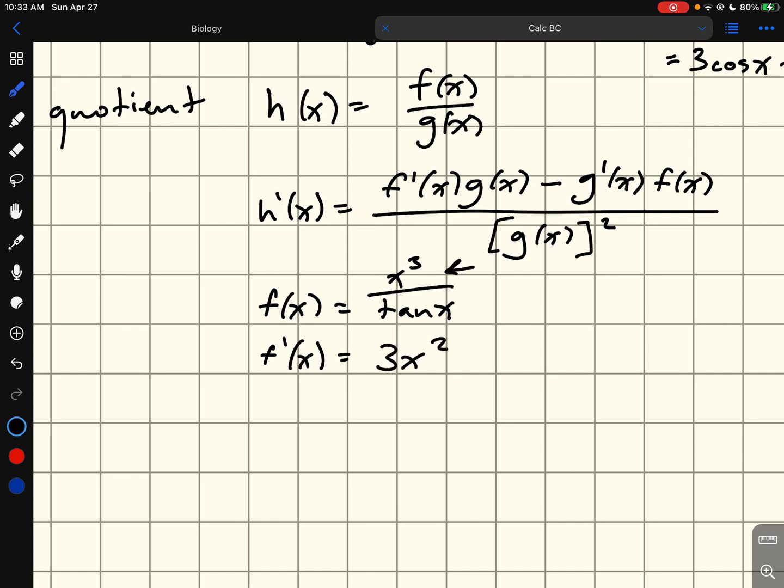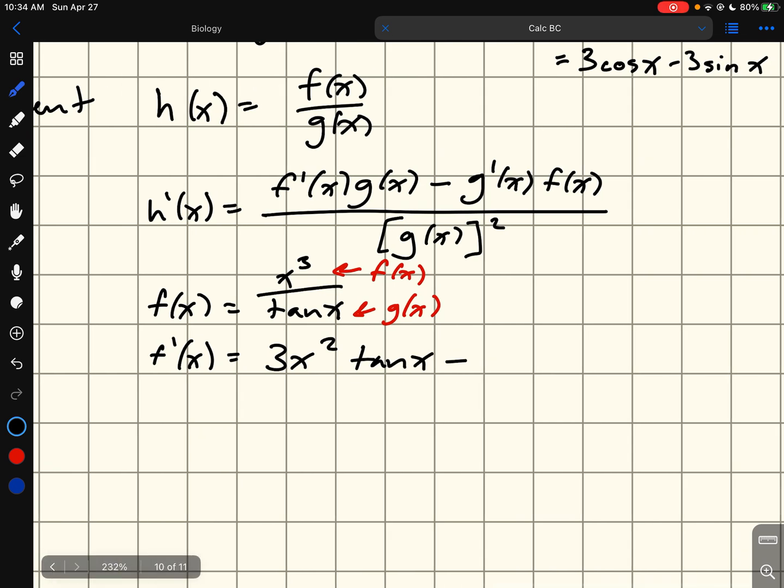This is what I'm calling the first one, f, and then this is g. So it's f prime g, g prime f, okay? So f prime g minus g prime f. Oh, sorry, that's not f.